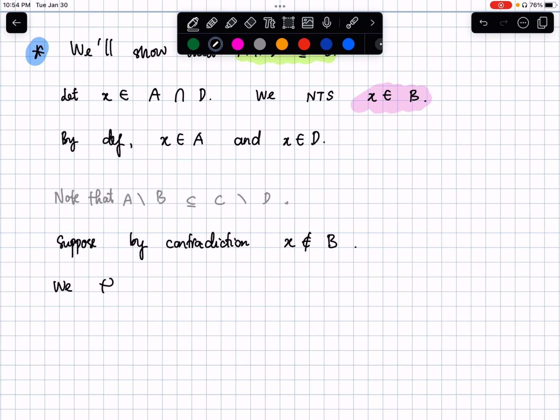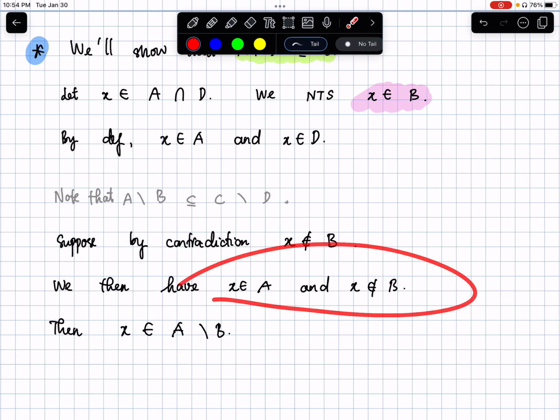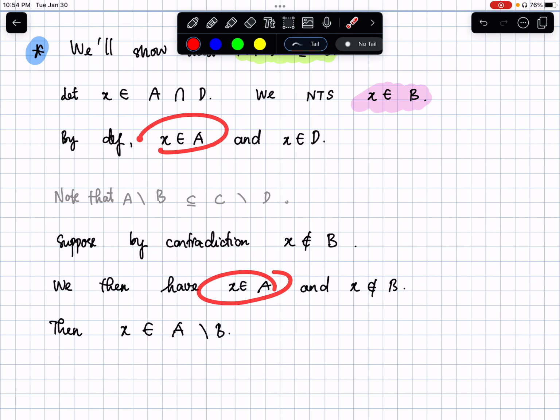We then have x in A, what we just said here, x not in B. Therefore, we have x in A minus B, by definition, right? x in A and x not in B. Therefore, x must be in A minus B.